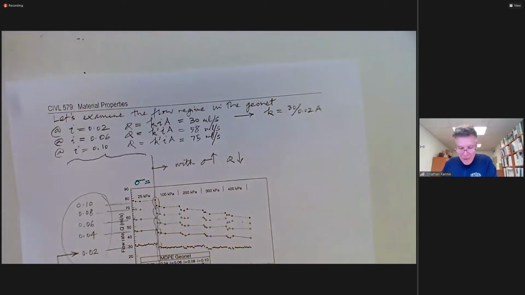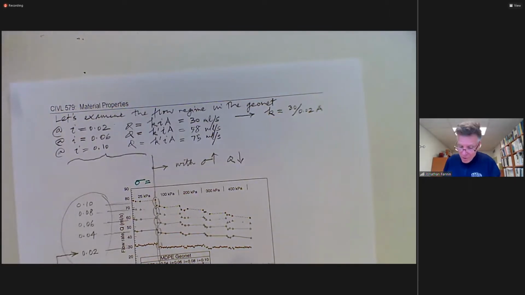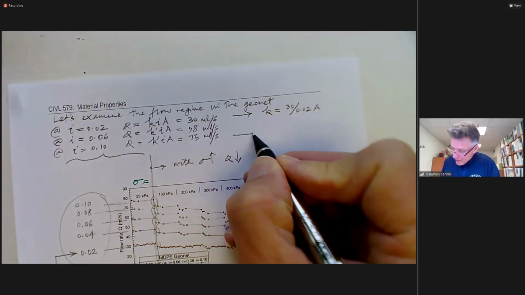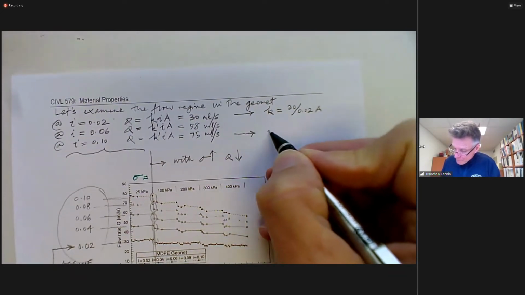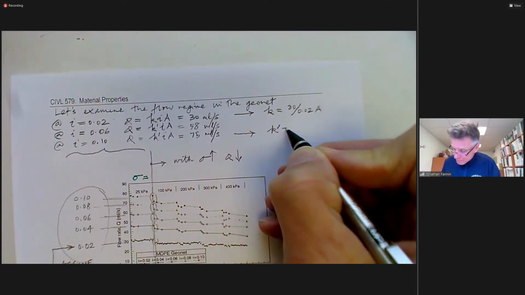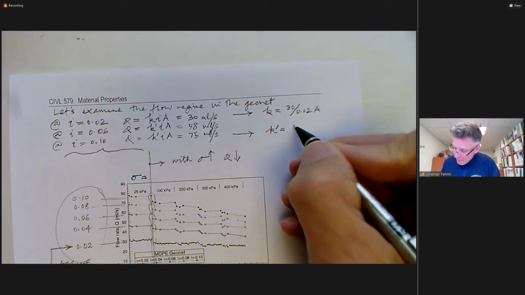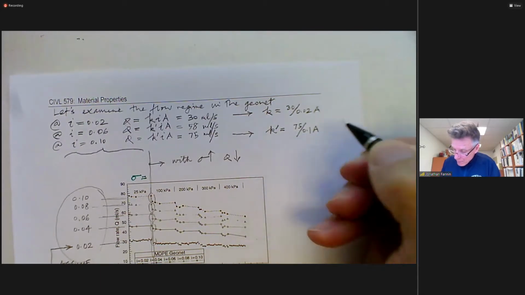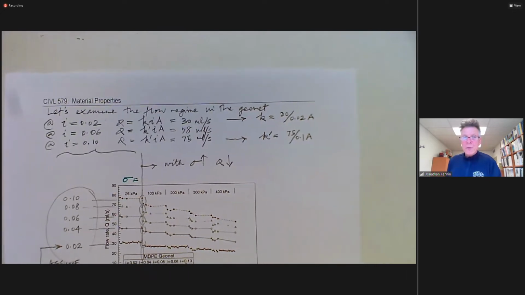If I go in at the 0.06, or even let me go in at the 0.1. If I go in at 0.1, let's do that. I'm going to say that K prime is equal to 75 over 0.1 multiplied into A.